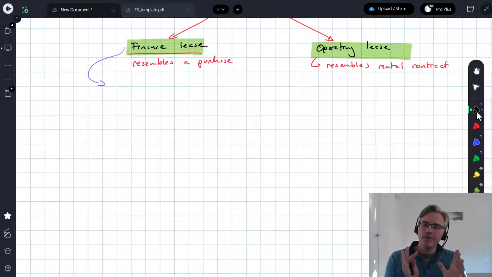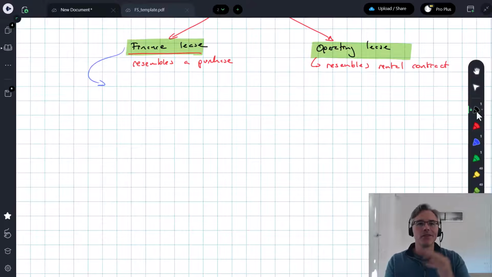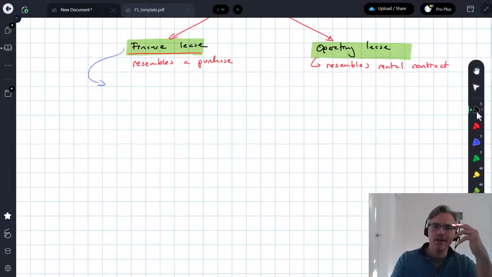And now you need to think about, is it a finance lease or an operating lease? The way in which you distinguish between them is the standards specify the conditions for a finance lease. And if none of these conditions are met, you've got yourself an operating lease. So they don't even specify what an operating lease looks like. They say it's any lease agreement other than a finance lease. That's the way it is.